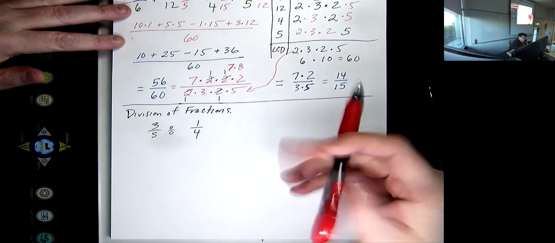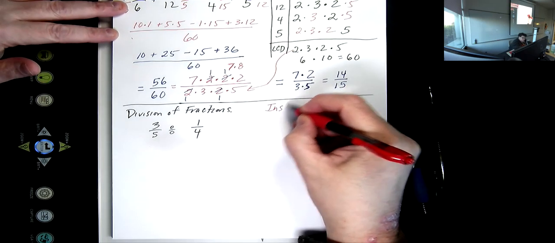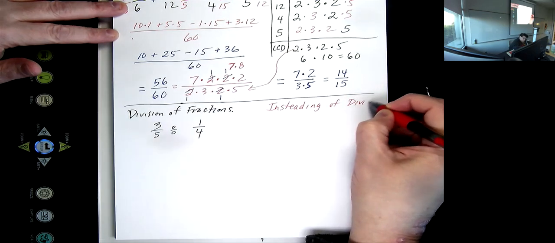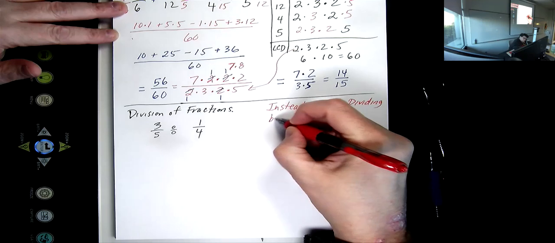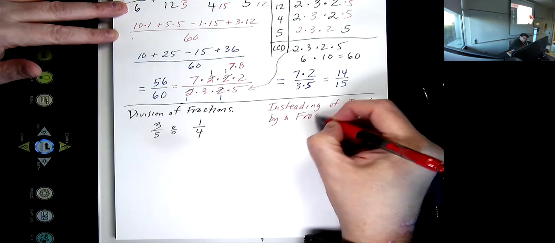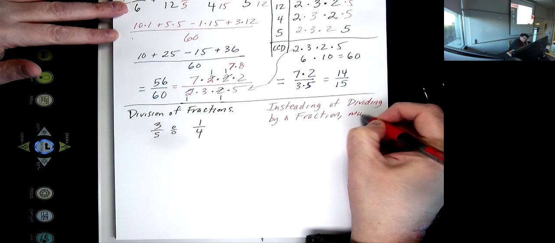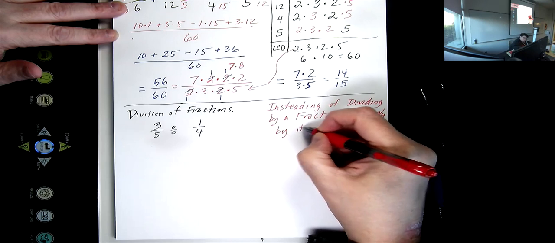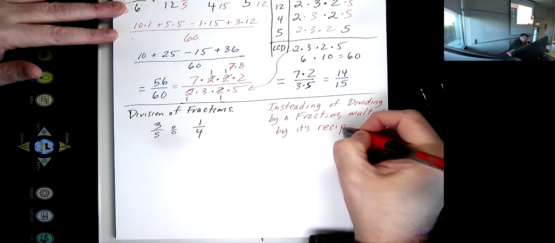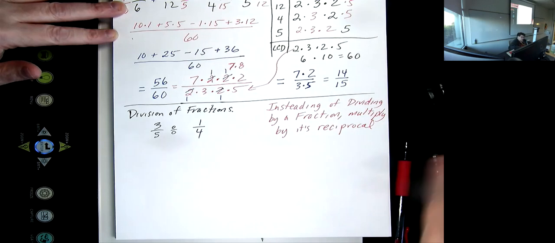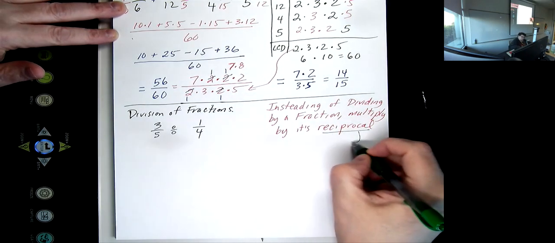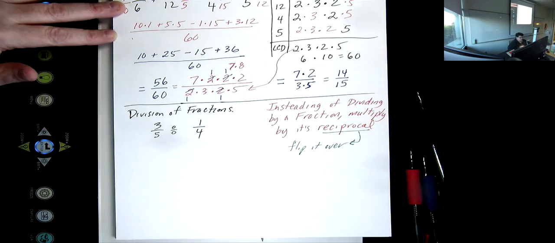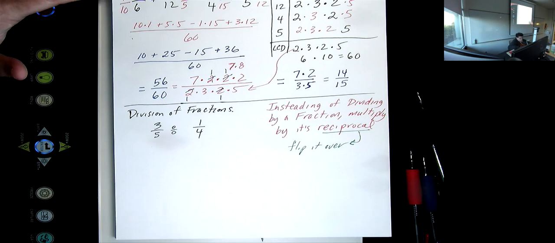When you're dividing fractions, instead of dividing by a fraction, multiply by its reciprocal. And reciprocal just means flip it over. I think the book might use the word invert.